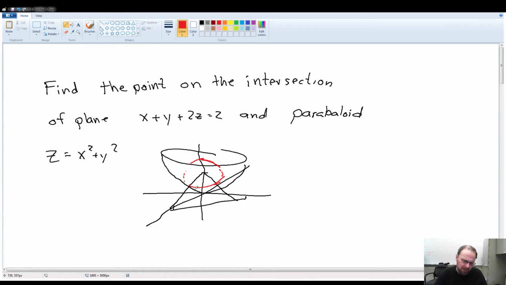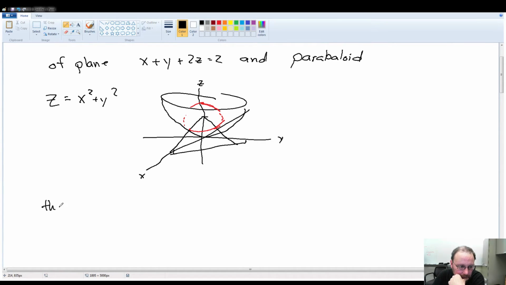So that's probably an ellipse, I think, above the xy plane. If I had more time, I would be more careful and draw it better. But we want to find the point on the intersection of those two surfaces, and notice that the intersection is a one-dimensional curve, an ellipse, that is closest to the origin.